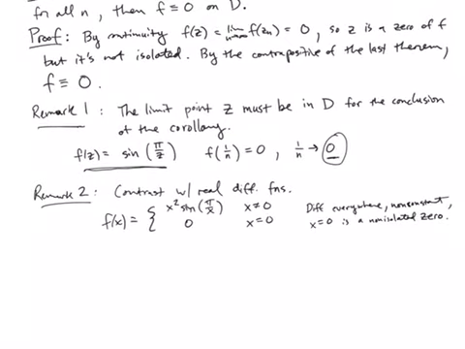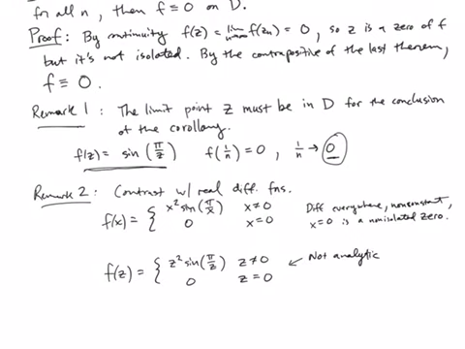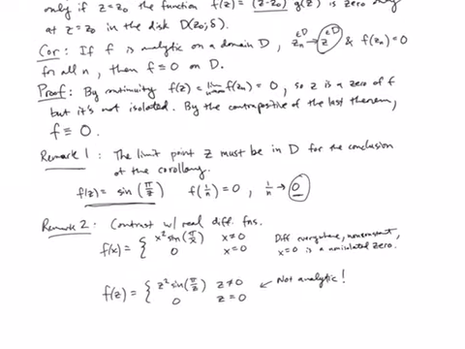And incidentally, if you try to take this real function here and just make a complex valued function out of it by doing this, then this cannot be an analytic function, and that's by this corollary.